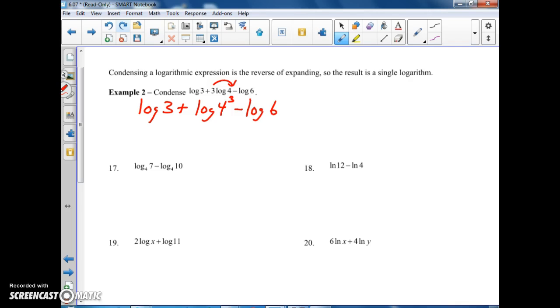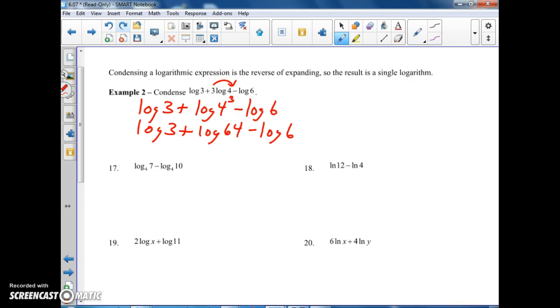Okay, now look, 4 to the third power. How much is 4 to the third power? 64. Okay, so log 3 plus log 64 minus log 6. Now, do you read from left to right or from right to left?